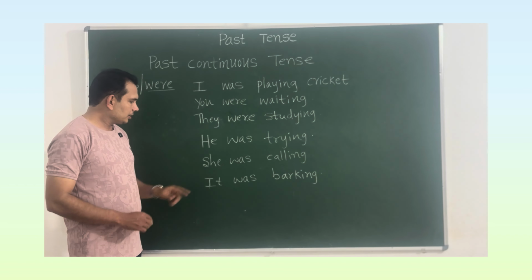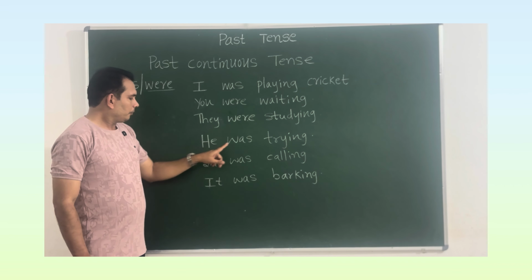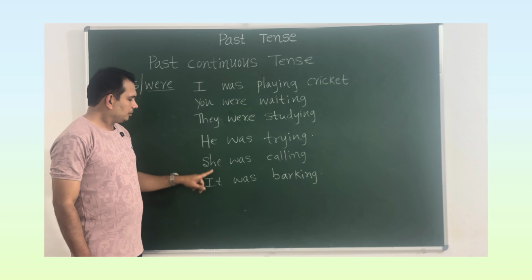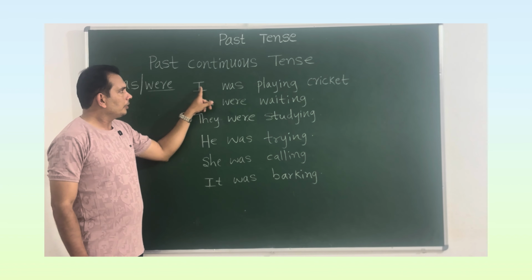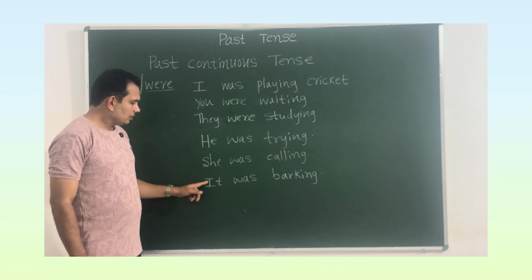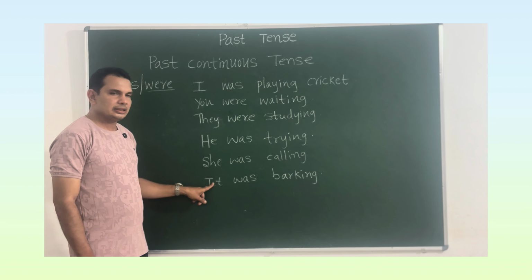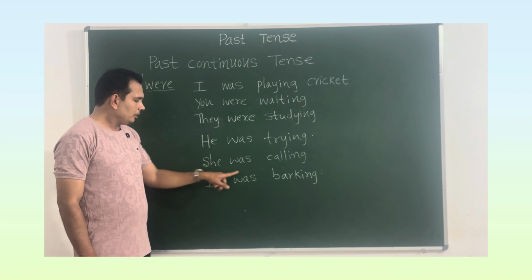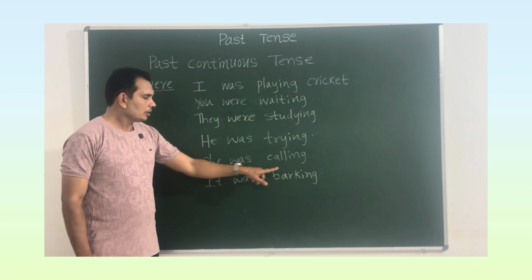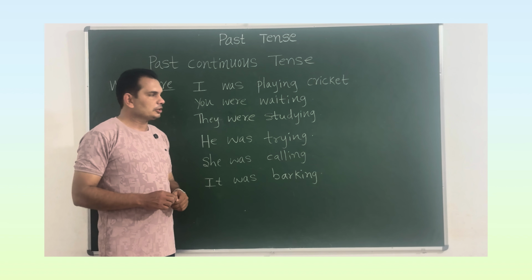It's grammatically incorrect. We must use the auxiliary was with she, he, it, and I when we form sentences in the past continuous tense. Last example here, it was barking. When the subject is it, we use the auxiliary was and the ing form of the verb.